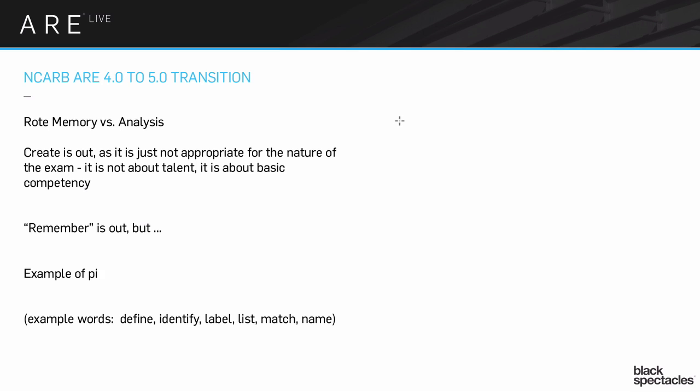Obviously, you would need to know that pi is equal to 3.14, so you had to remember it. It's just that the question isn't about remembering it, it's about using it. It's about applying that information and understanding how that fits in the world. So it's not just rote memory, it's rote memory that's then usable in a situation.